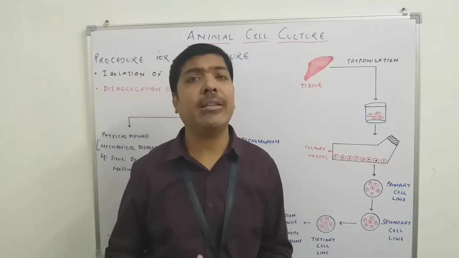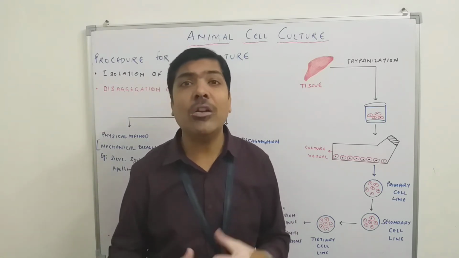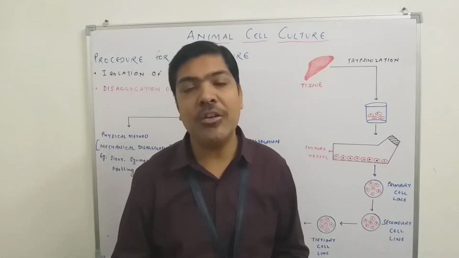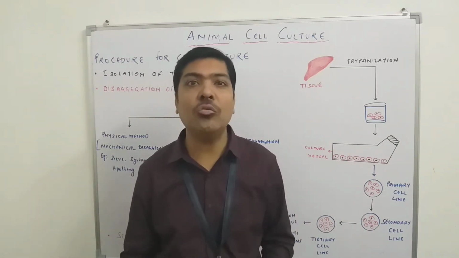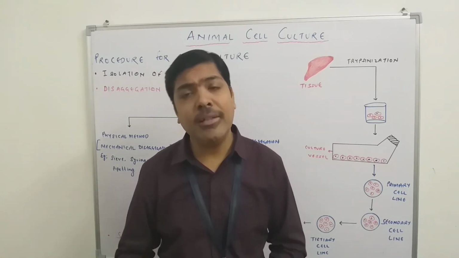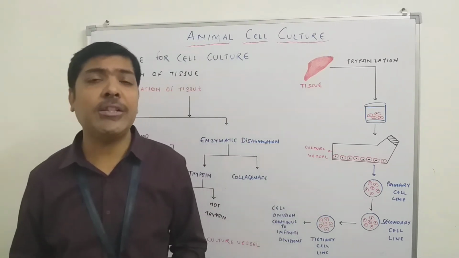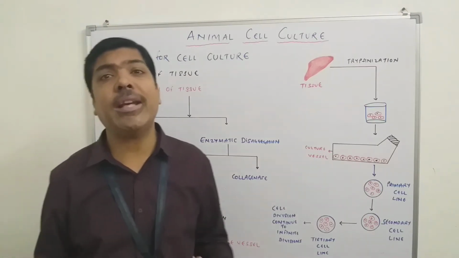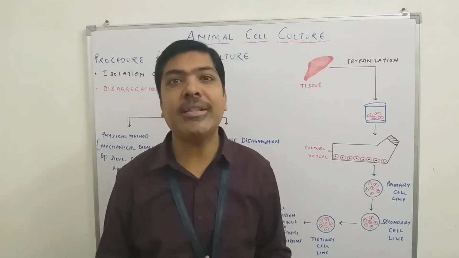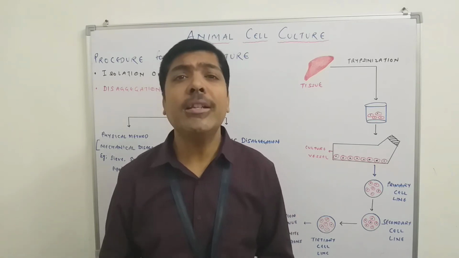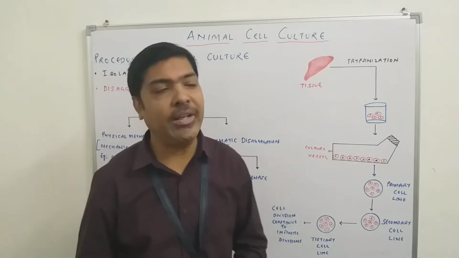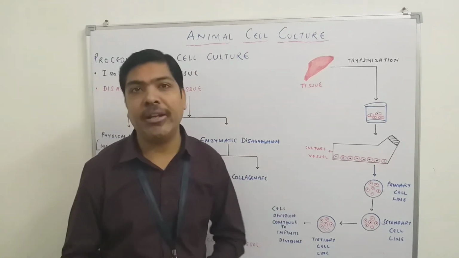By this mechanical method, we are trying to reduce the mass of cells, converting the tissue by mechanical forces into cells. But this method has certain disadvantages, because here we mechanically disaggregate the tissue, so this process can also damage our cells. So some alternate methods are also available.